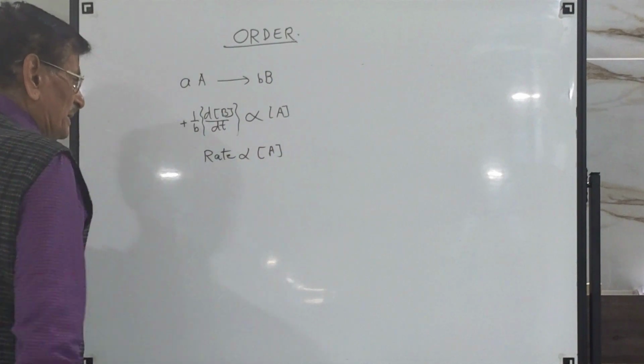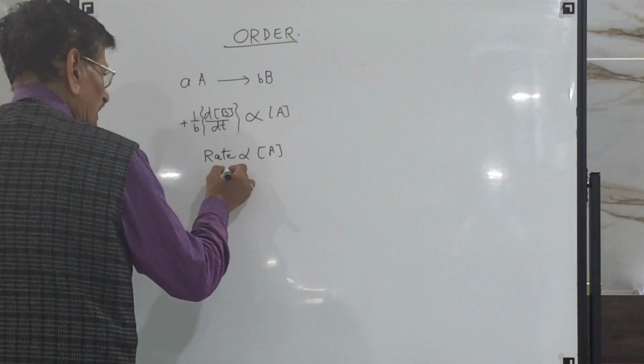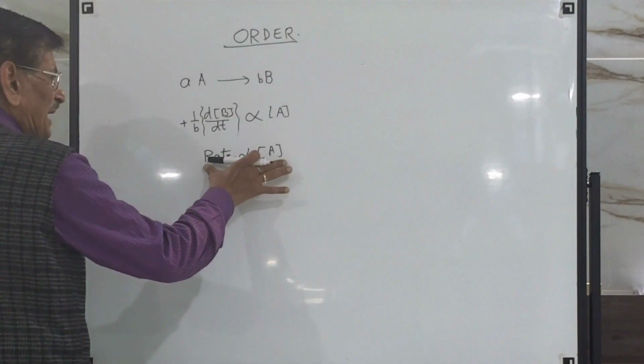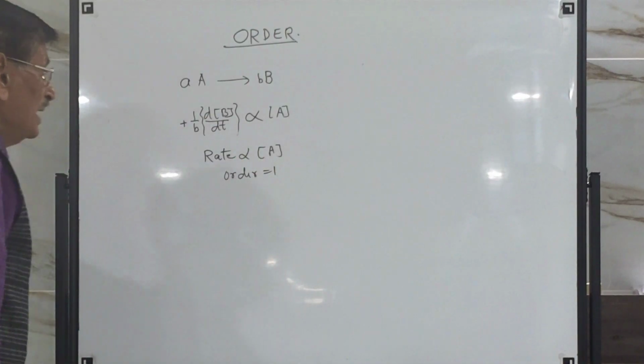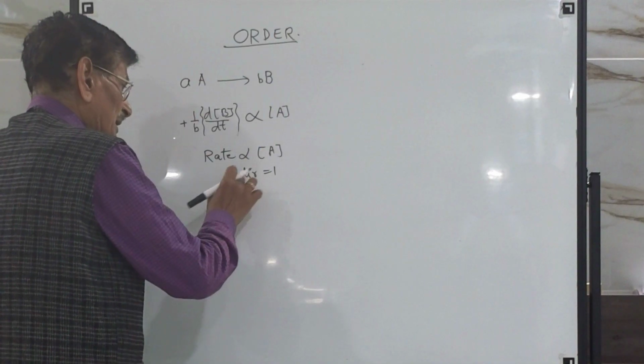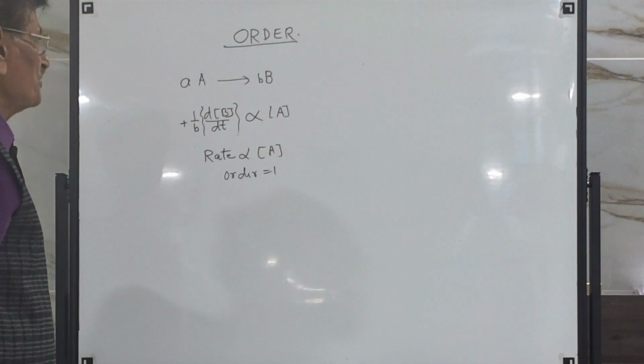This is the rate of the reaction, and the power of the concentration of A is 1. This is the order of reaction; here the order is 1. This is known as the rate law of the reaction, and the power of the concentration term is the order of reaction. We say that the order is 1 and it is a first order reaction.